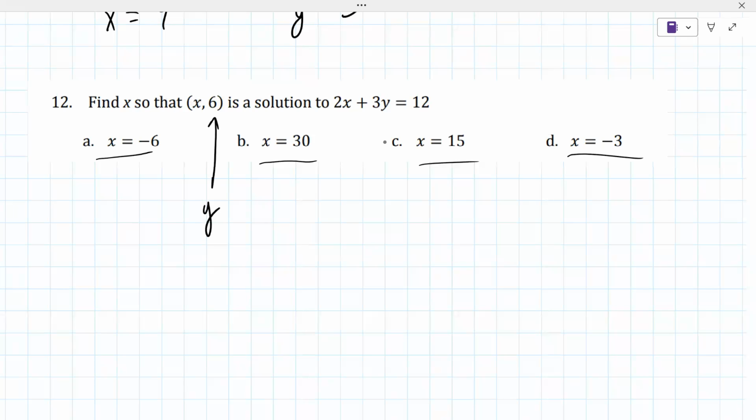D. What is your final answer? B. X equals -3. Yes, that works.